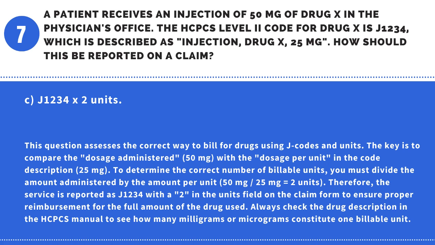Therefore, the service is reported as J1234 with a 2 in the units field on the claim form to ensure proper reimbursement for the full amount of the drug used. Always check the drug description in the HCPCS manual to see how many milligrams or micrograms constitute one billable unit.